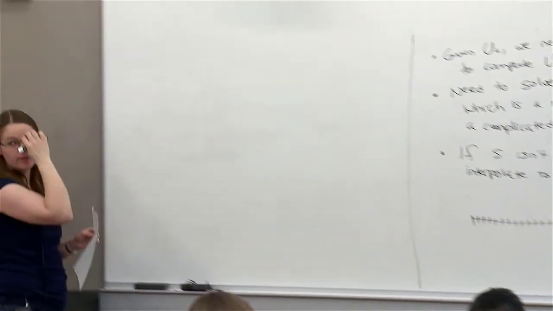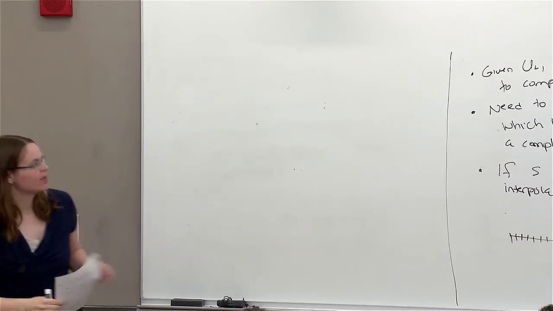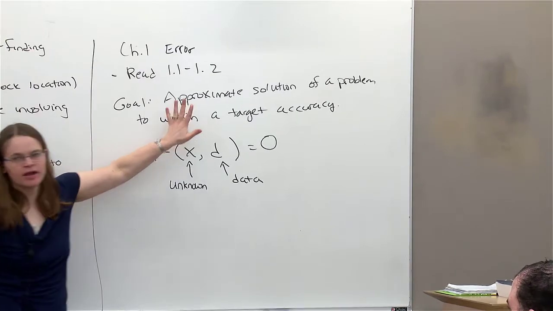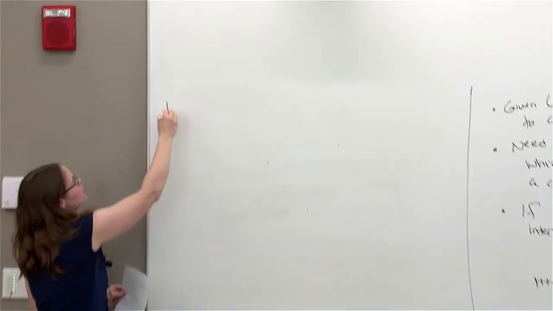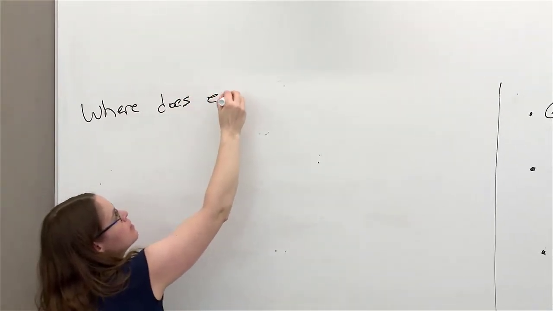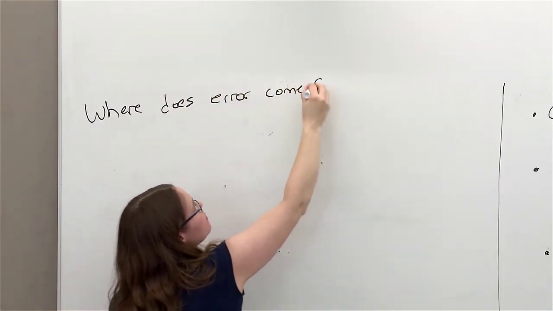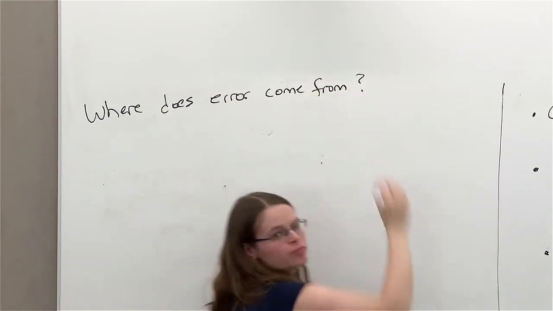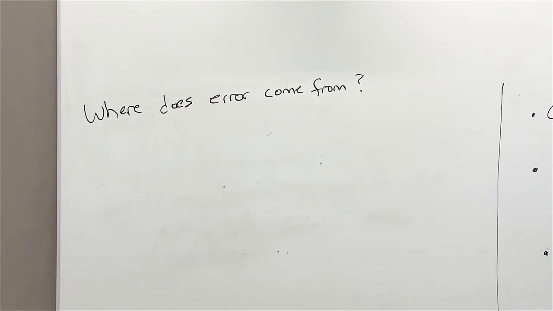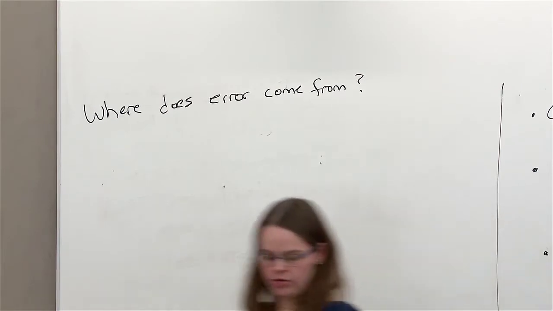Okay, so I'm going to throw this question out to you. I said we're going to approximate the solution, right? Not get it exactly. So I'm going to ask you this question. Where does the error come from? There's plenty of places, so can you think of a few? Loss of significant figures. Okay, good.